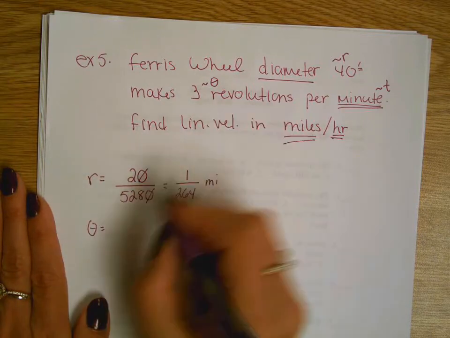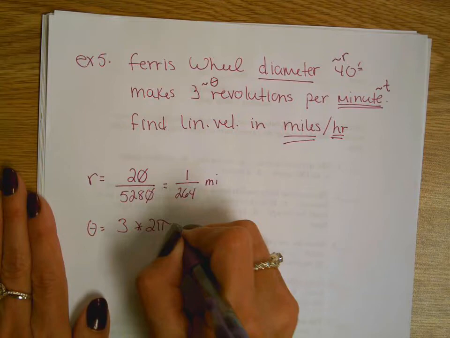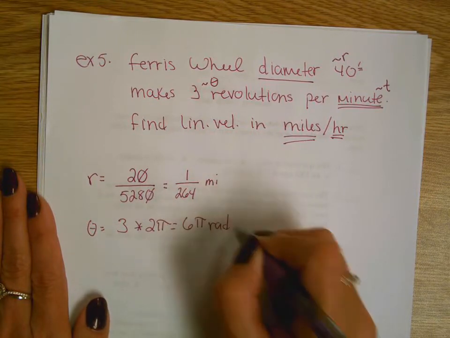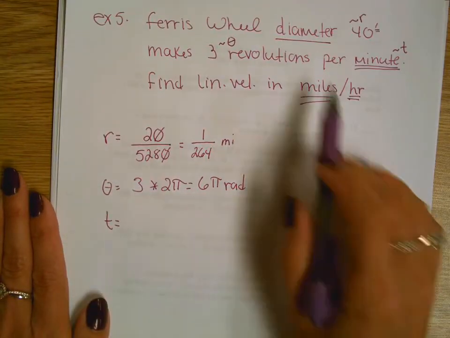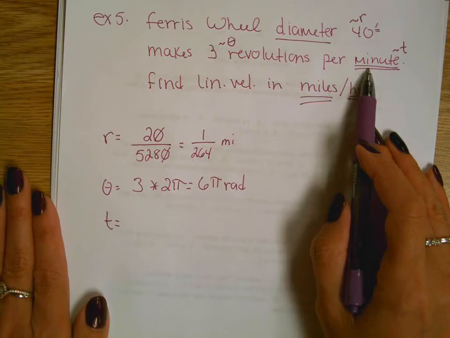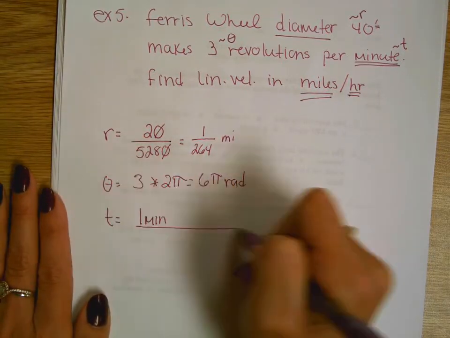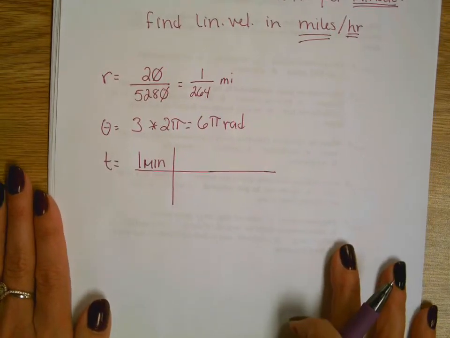Theta, 3 revolutions, multiplied by 2 pi. That will give us 6 pi radians. And our time we have is 1 minute. We've got to fix that to get what part of an hour is 1 minute.